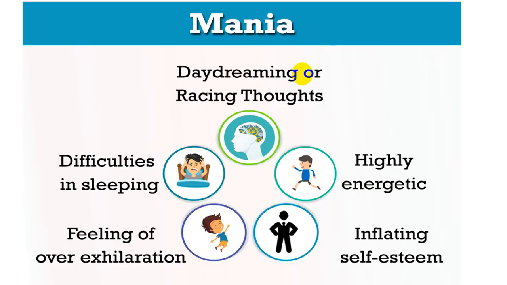Let us see in summary what I have discussed above. First, mania. Mania has daydreaming or racing thoughts because the person is thinking about a lot of things. Mania has difficulty sleeping because the person has no time to rest. Feeling of over-exaggeration.